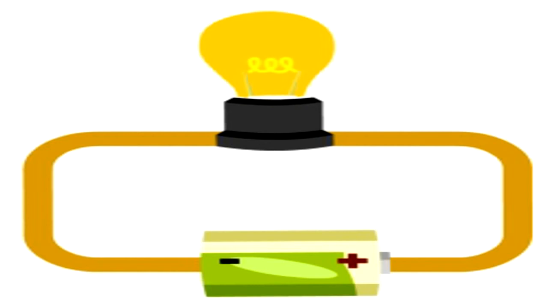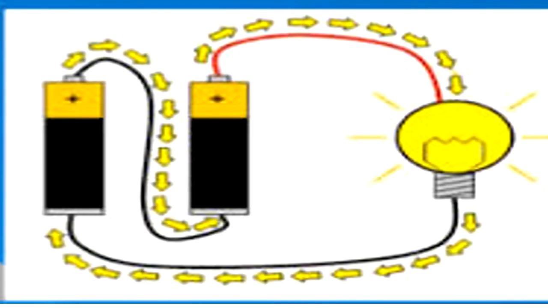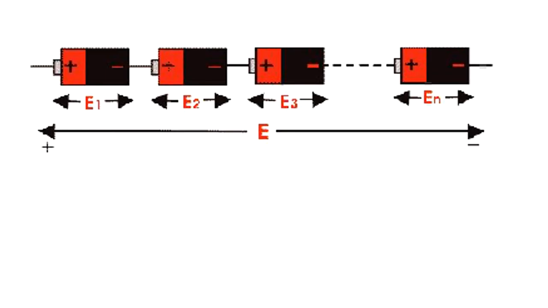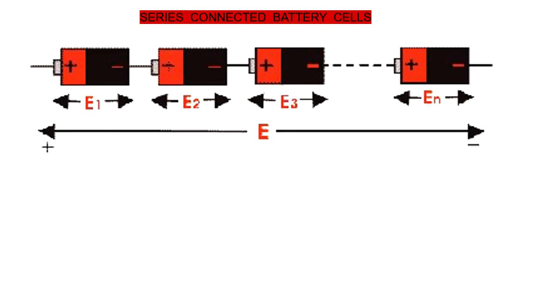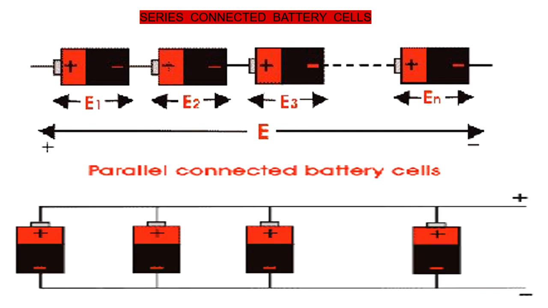In most cases, connecting a single battery into a circuit is not enough. We need to connect more batteries into the circuit. We can connect more batteries in two ways, either by connecting them in series or in parallel.